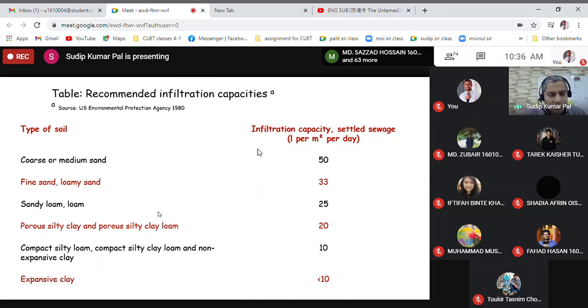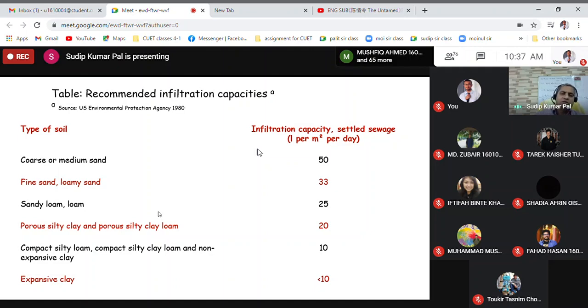Even for the clay, as you can see, it's even less than 10, which is not really a good option. So up to 20, I should say, we should at least maintain. Otherwise, it's quite unusual because of the water use, because of your urine, because of the solids present. It might fill up your pit quite a lot, and you can see the surface leakage. So surface leakage is not at all allowed.